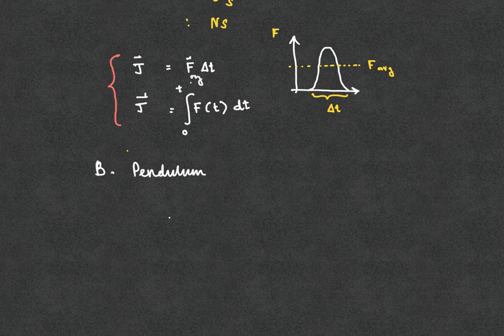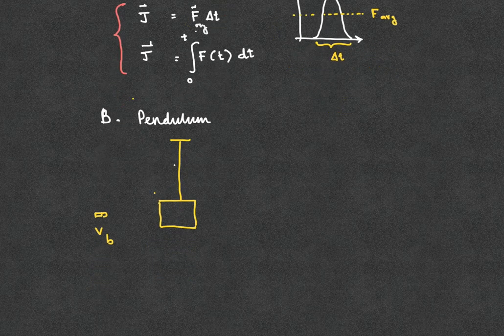And I'm going to draw a quick picture here because that problem is an important problem. So here you have a very small bullet with a velocity, I'm going to call it VB, and there is a hanging wood block, and this was basically what they used in the past before the electronic systems were present.